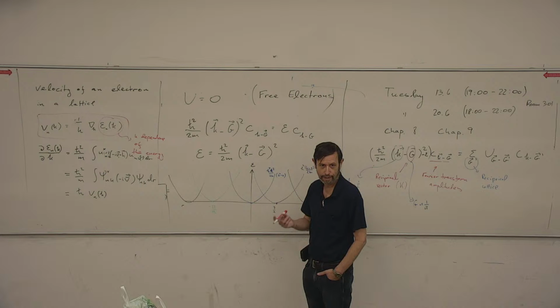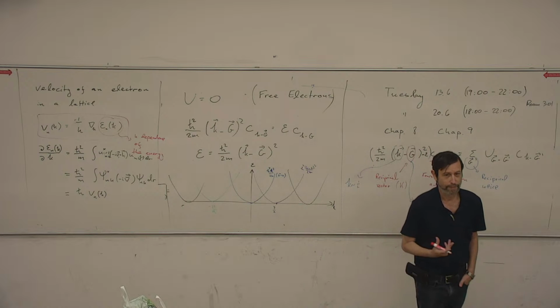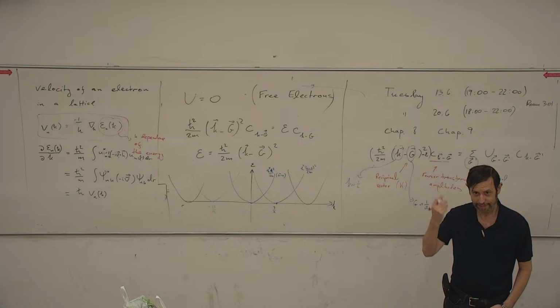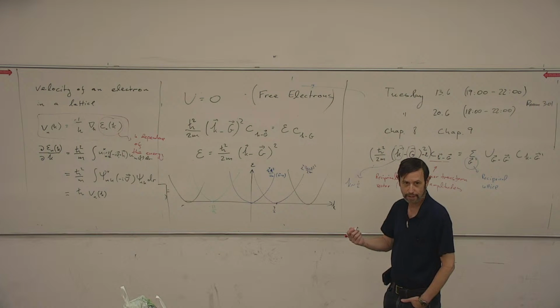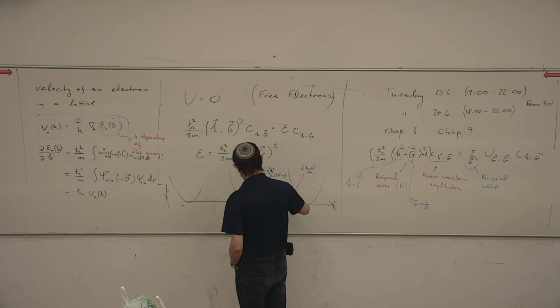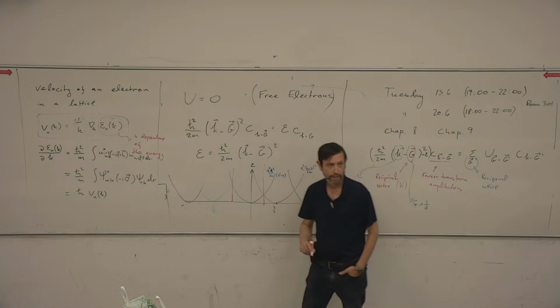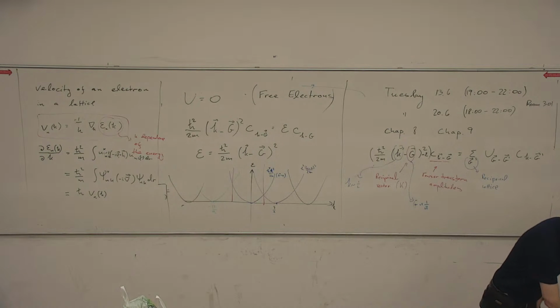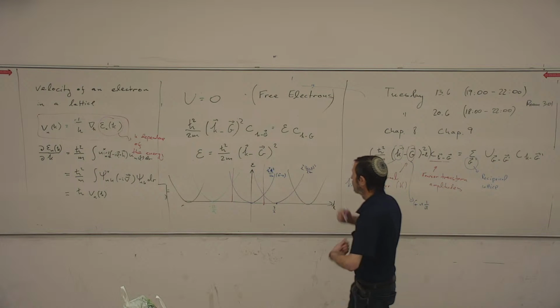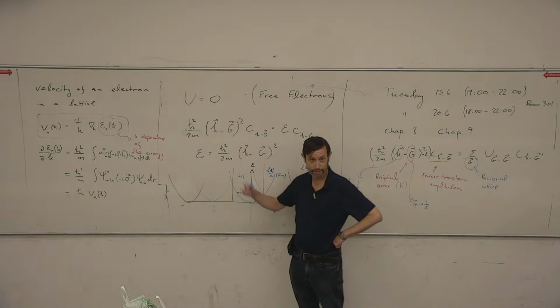If I'm talking an unfamiliar language, go back, we did it a couple of months ago. What is a Brillouin zone? That's the zone, and then you have n equal 1, n equal 2, and so on and so forth.